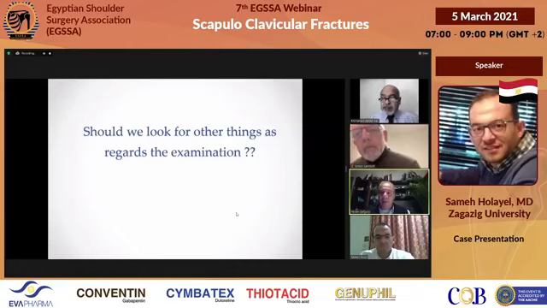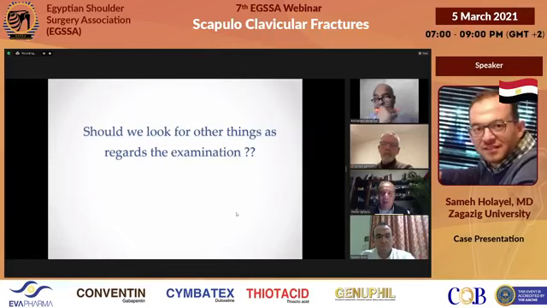Then you test the pulse distally for any changes in both directions and both sides. And this is clinically, but I will order another modality of radiology, which is the CT scan.